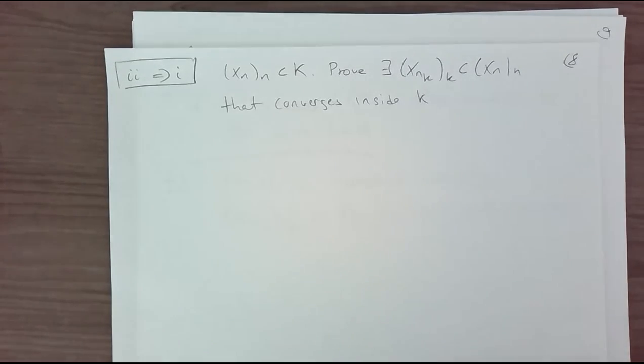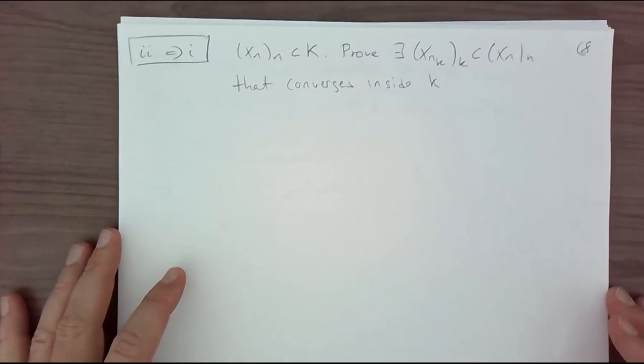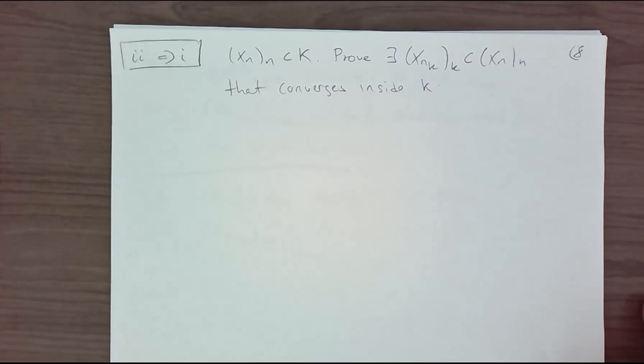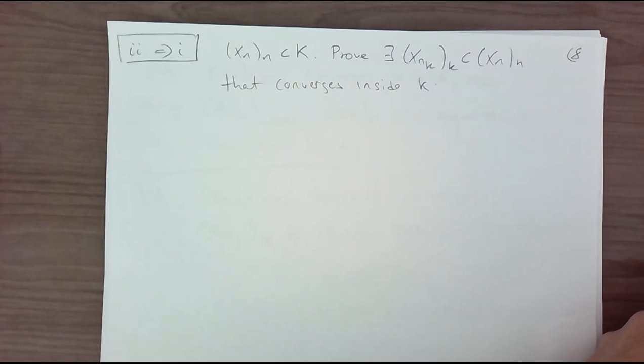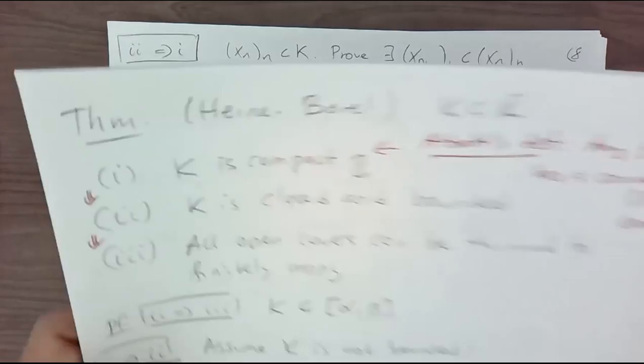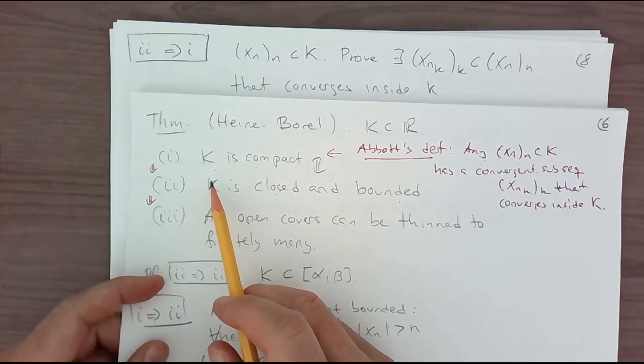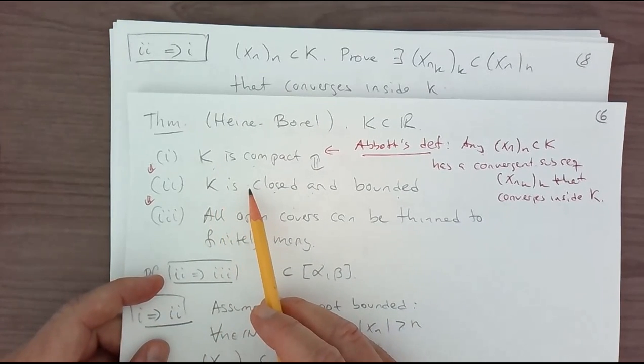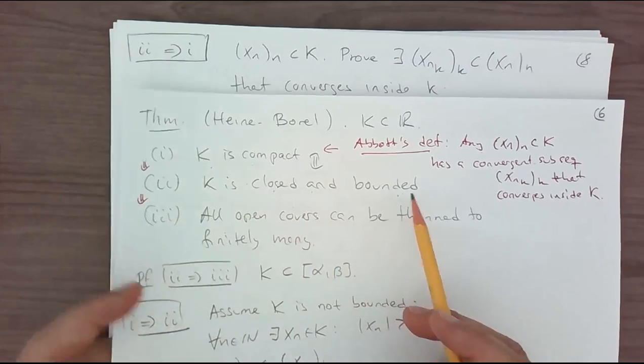Okay. See if I can come back to this one here. Right, so now we are assuming 2. Let's bring out what 2 was one more time. 2: K is closed and bounded.